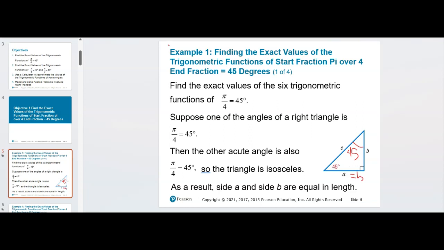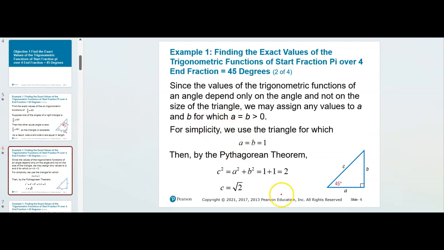So I have A squared plus B squared equals C squared, but it's also A squared plus A squared equals C squared, or 2A squared. So there's this easy relationship that I can get from the 45-45-90 triangle.